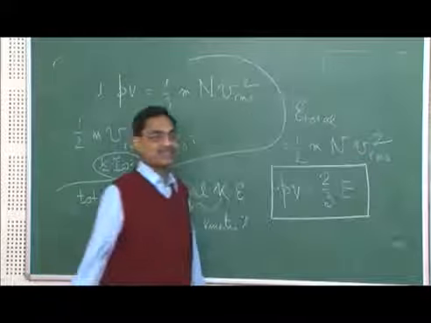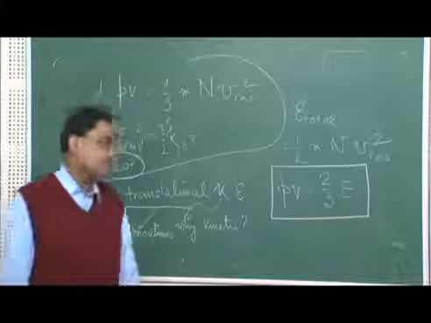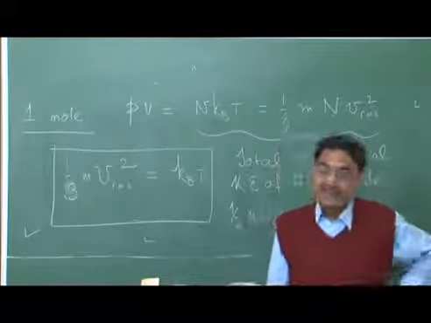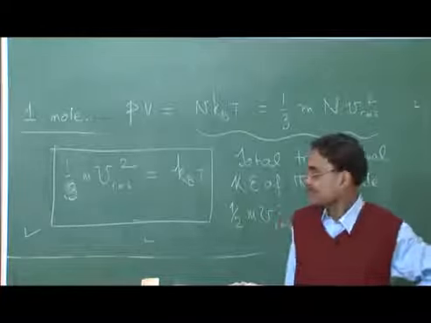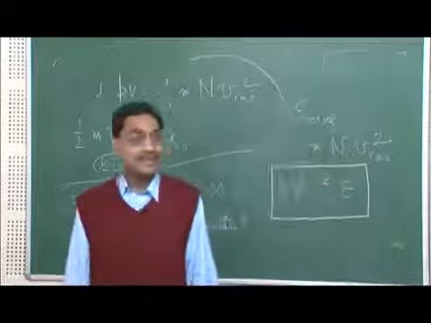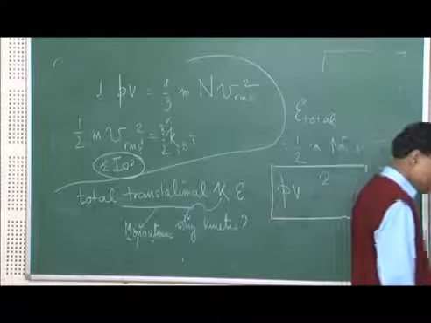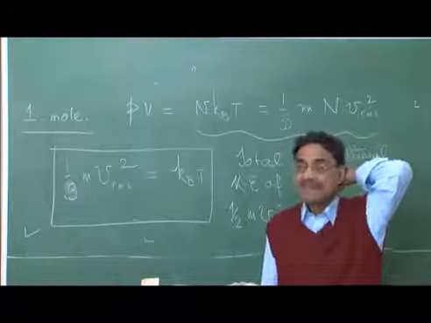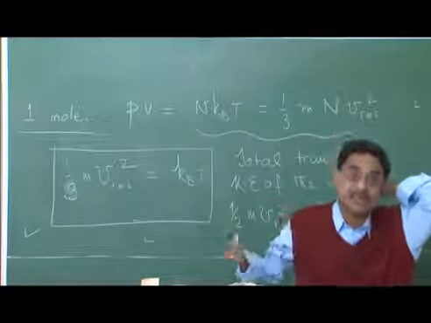It is very important in the sense that PV is equal to NkT is typically for a classical ideal gas, meaning you are working at a very high temperature and low density limit. But this PV is equal to 2/3 E is valid even at low temperature. If you go to your higher studies on thermal physics, you will see this is valid at very, very low temperature. When you are at low temperature, you cannot throw away interactions.